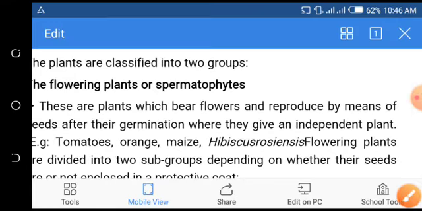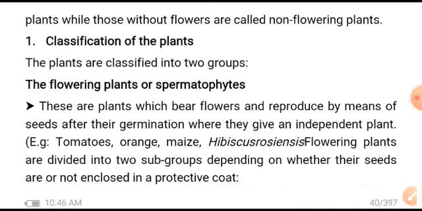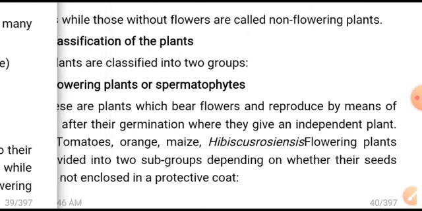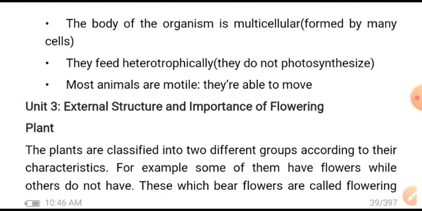So here, plants are classified into two different groups according to their characteristics. You have to know that plants are classified into two groups according to what? To their characteristics. For example, some of them have flowers while others do not.